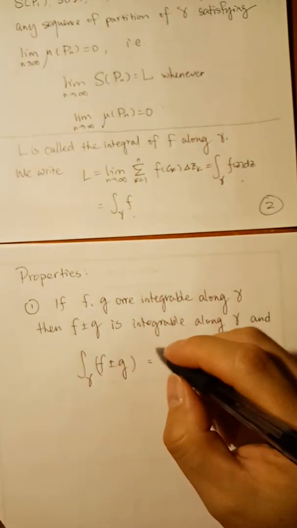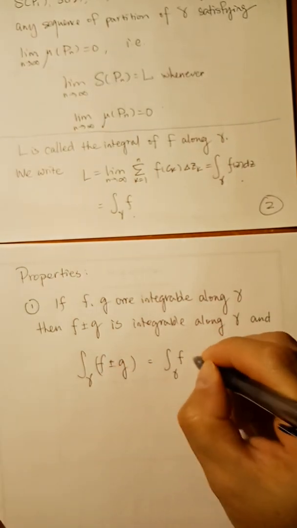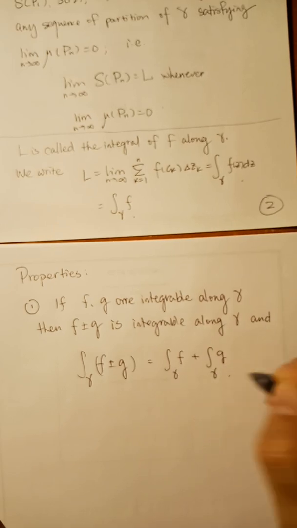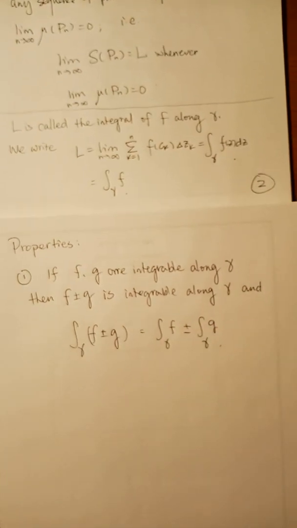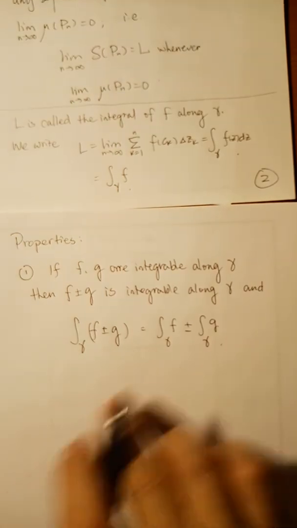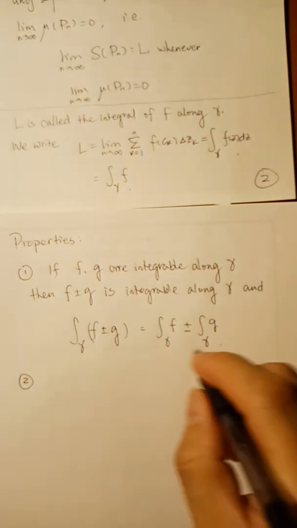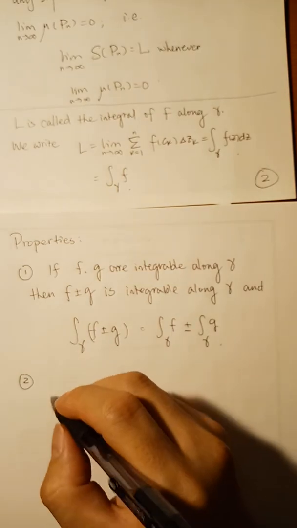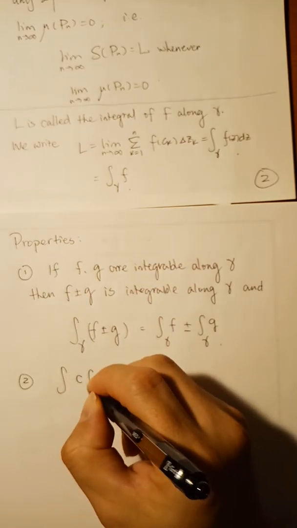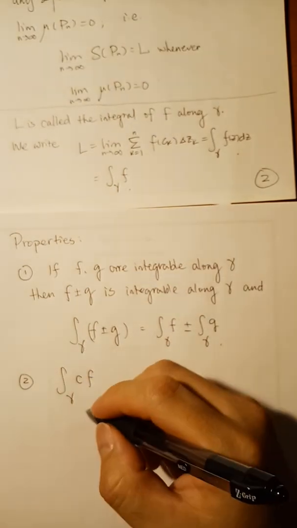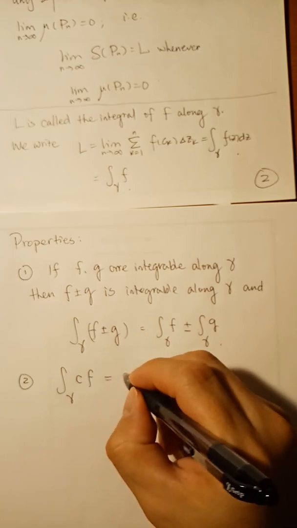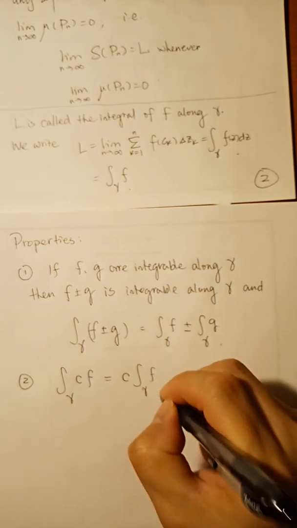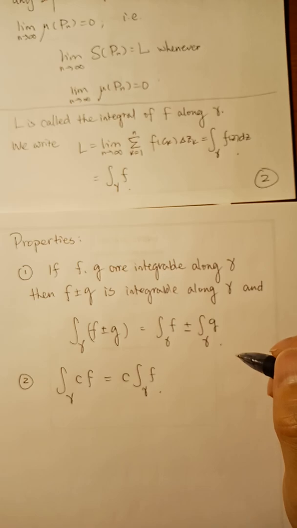The integral of f plus g is the integral of f plus the integral of g, and the integral of f minus g is the integral of f minus the integral of g. Okay, so that's the linear structure. And second, if f is integrable, you have a scalar multiplication, then you can move this scalar multiplication forward.